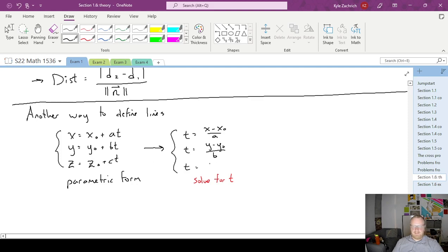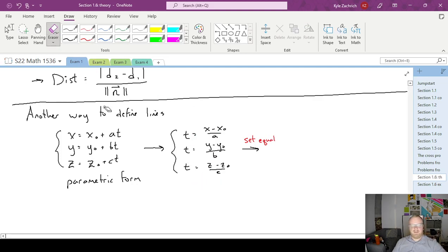Algebraically, z minus z naught over c. So if you solve each of them for t, and then you set equal to each other, since if they're all equal to t, all of them should be equal to each other.